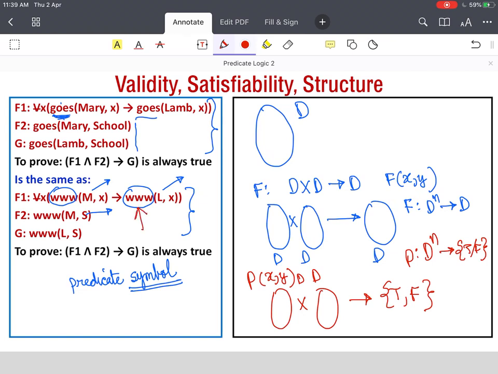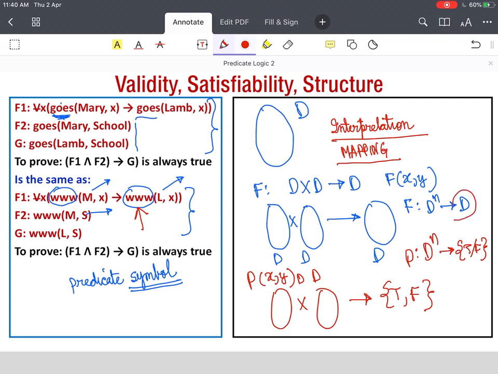So here is just a symbol, but when we define an interpretation, then we have to define the mapping.